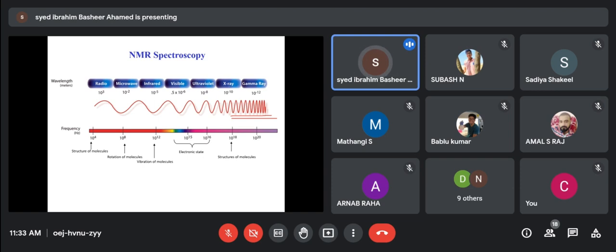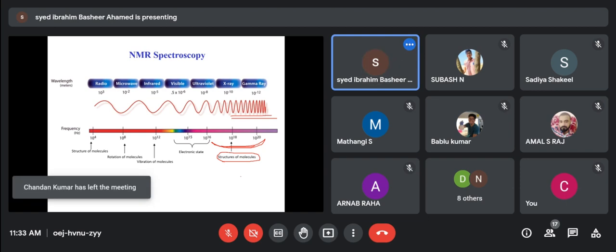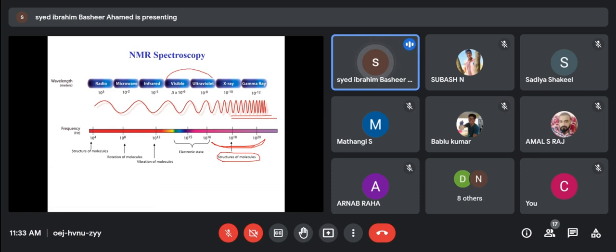For example, X-rays and gamma rays. These high energy wavelengths you can utilize for studying the structures of the molecule. With visible and UV light, you can study the electronic properties of the molecule.